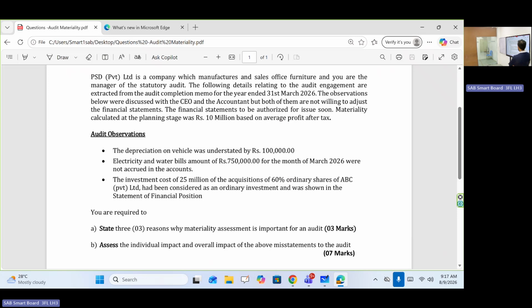The observations below were discussed with the CEO and the accountant, but both of them are not willing to adjust. That is the important point.